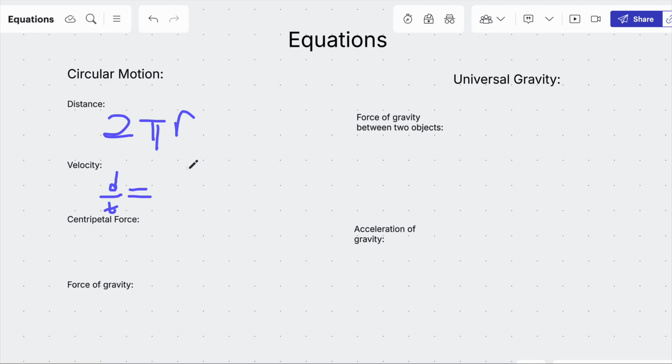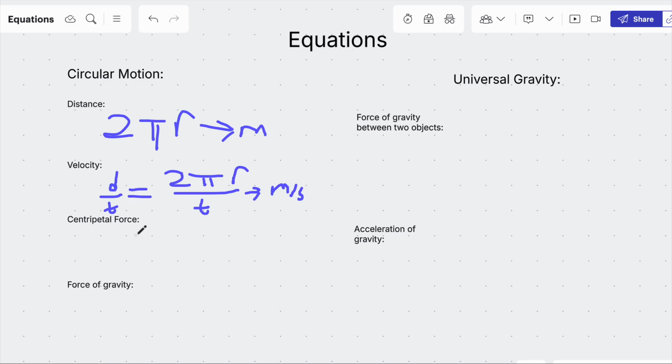In this case, the distance we travel is 2 pi r divided by time. This will generally be in seconds, so our units, unless otherwise stated, will be in meters per second. Forgot to cover that for distance. That will generally be in meters.